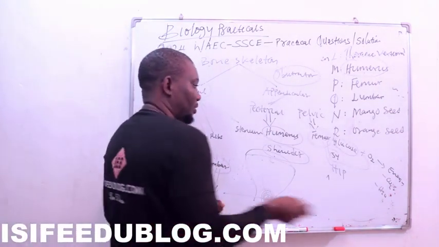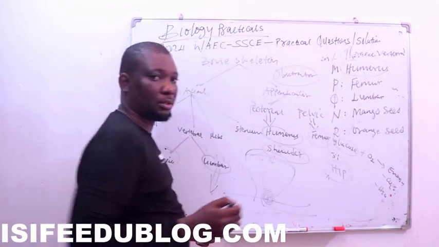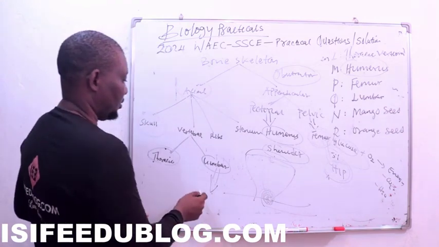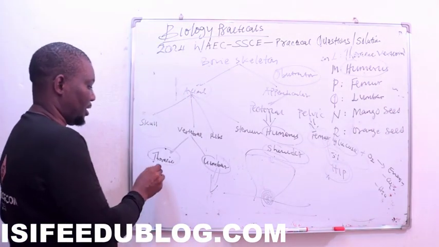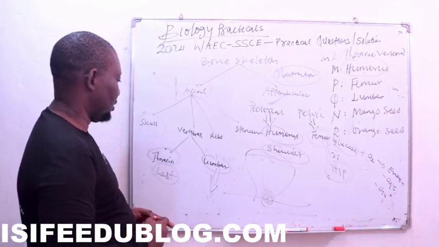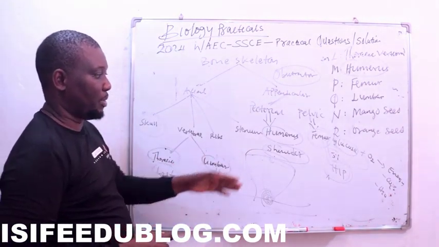Take note, this is found at the hip region. Take note, viewers, this is found at the shoulder region. This is found at the lower region of the back. This is found at the chest. Take note, these are regions and questions are likely to be asked on this part.